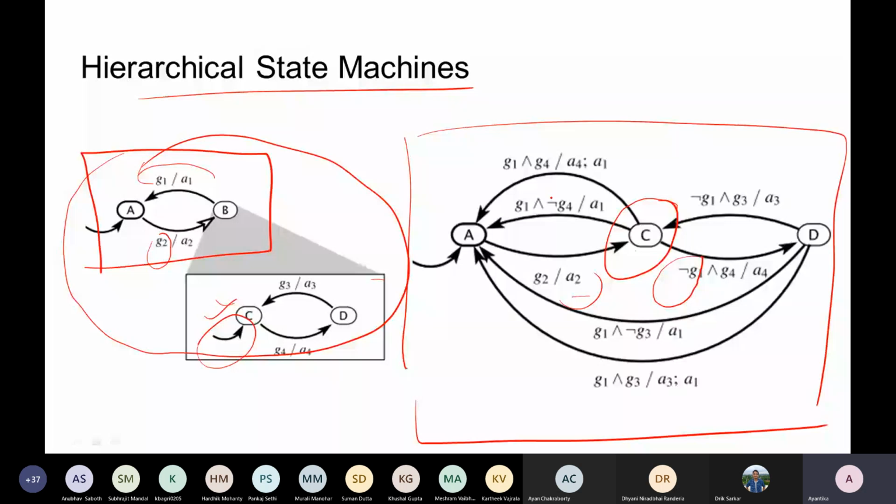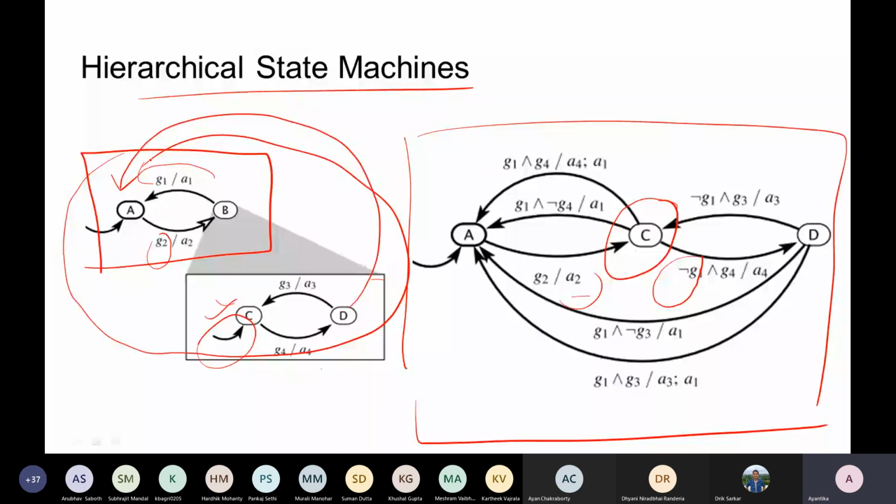If we do not define it properly, then of course this scenario may lead to some non-determinism that we do not want, right? So that is a very defined rule that when G1 is on, the priority of G1 is always high, and the FSM should come out from any intermediate state and jump to B.